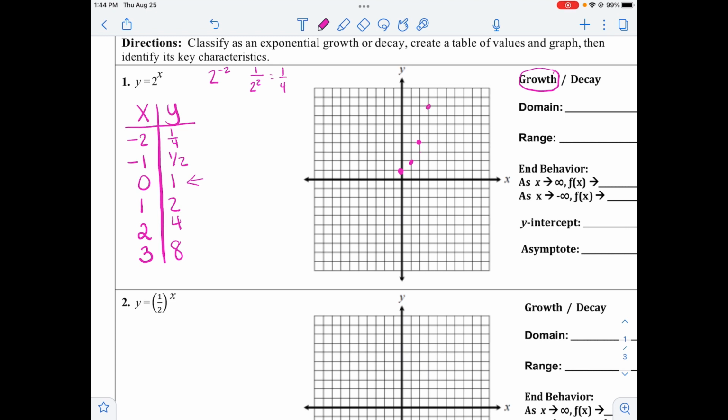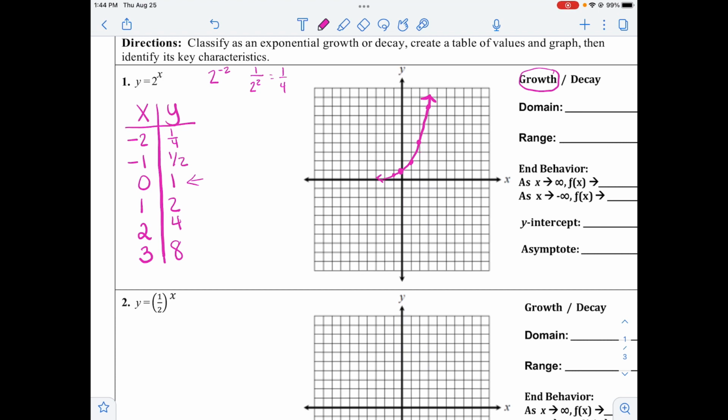And then we'll come over to the other side. We have negative 1, 1/2, so we kind of have to just eyeball where that is. And then a negative 2, 1/4. That's even closer. And then we'll connect our points and make our curve. Now, in Desmos you can't make these little arrows on the end, but they do go on forever and ever.